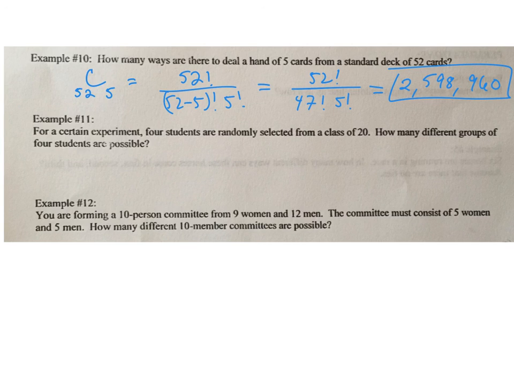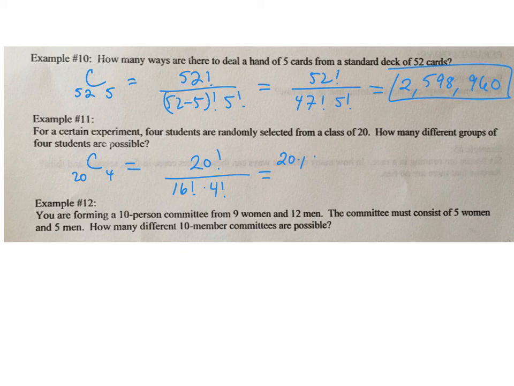Example 11. For a certain experiment, 4 students are randomly selected from a class of 20. How many different groups of 4 students are possible? This is a combination. Out of 20 students, choose 4. So we can write 20 factorial over 20 minus 4, which is 16 factorial, times 4 factorial. We can actually think about simplifying this before using our calculator. In 20 factorial, we can cancel the 16 on down with the 16 in the denominator.